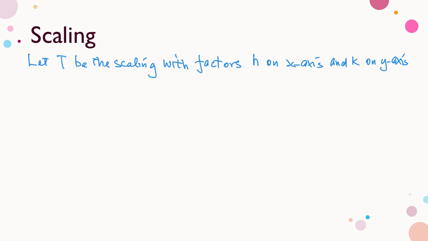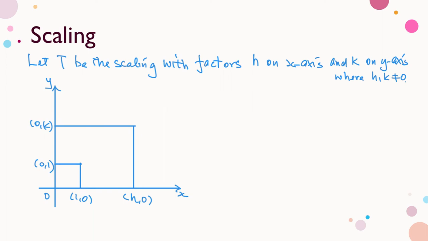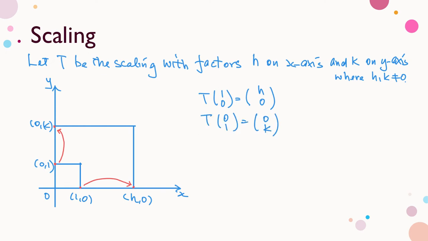Let T be the scaling with factors h on the x-axis and k on the y-axis, where both h and k are non-zero. Referring to the diagram, we see that (1, 0) is mapped to (h, 0) and (0, 1) mapped to (0, k). That is, T of (1, 0) is (h, 0) and T of (0, 1) is (0, k).